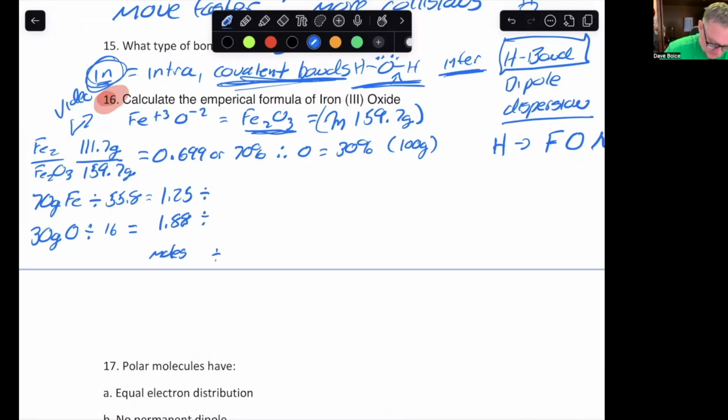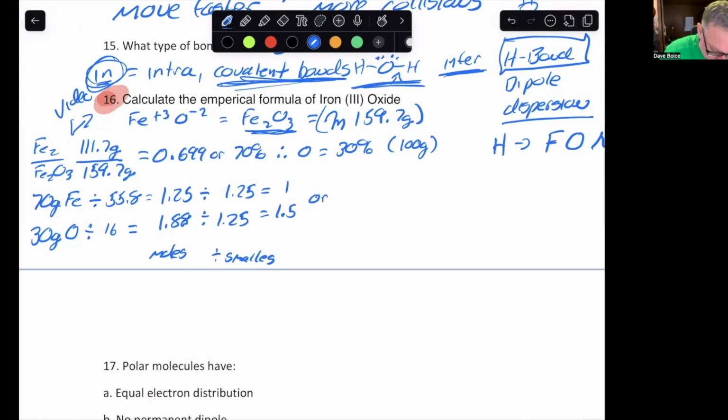I'm going to divide by the smallest, so that's 1.25 and 1.25. Anything divided by itself is 1, so that's pretty easy. 1.88 divided by 1.25 is equal to 1.5. So in this case, our ratio, I can't say Fe 1 to 1.5, that doesn't work.